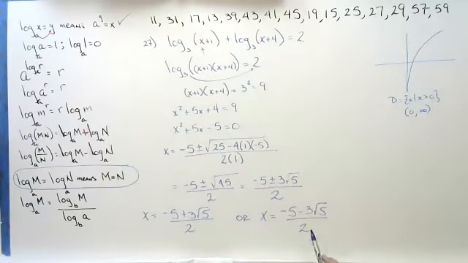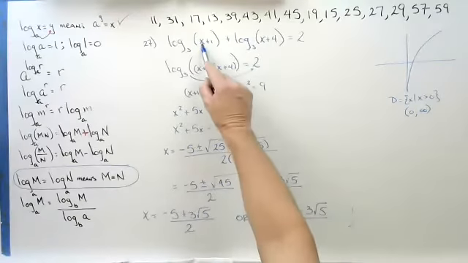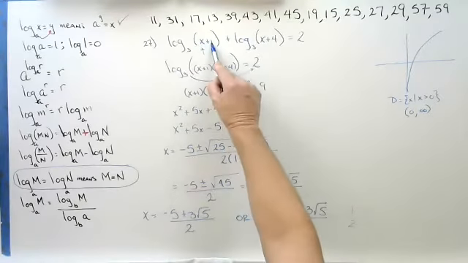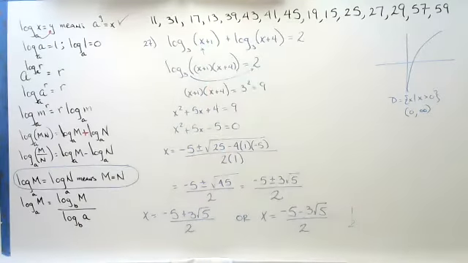Maybe 1's bigger than this. Maybe it works. It could work. I mean, if this equals negative a half, and I put negative a half right there, negative half plus 1 is positive a half. That's going to work. That's why this is number 27.